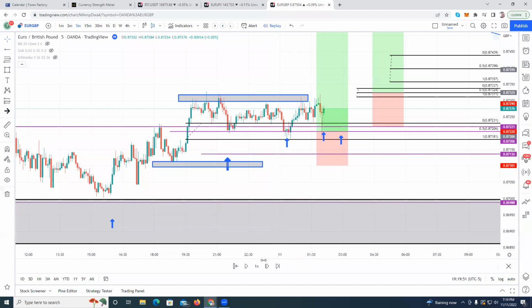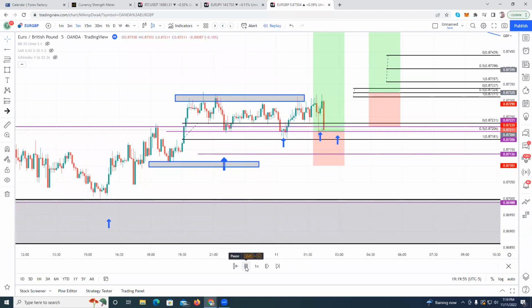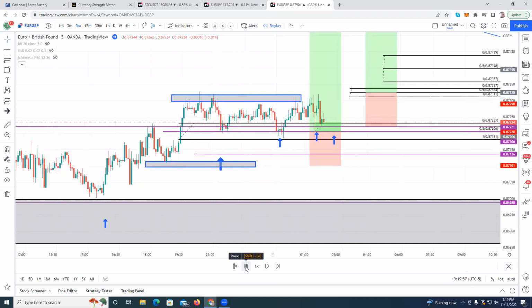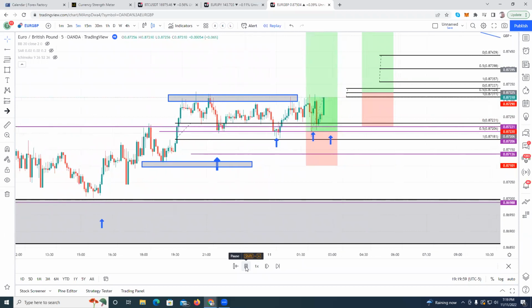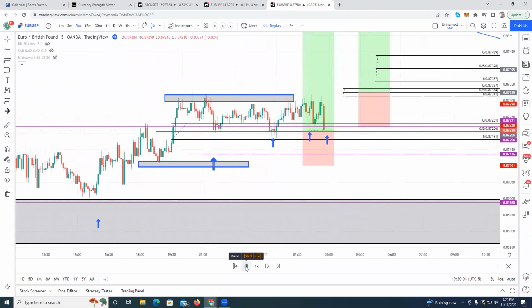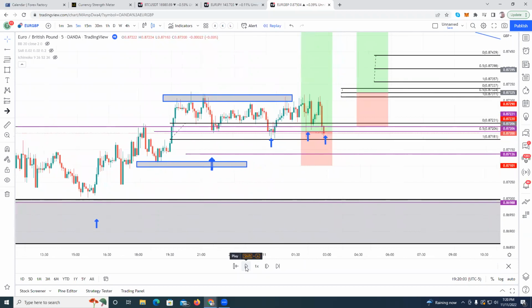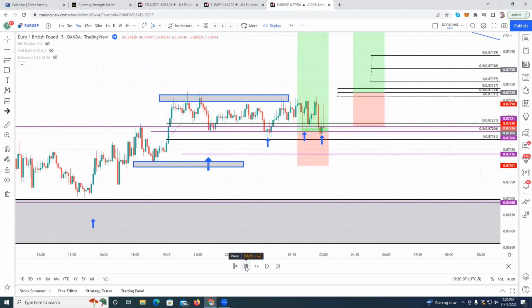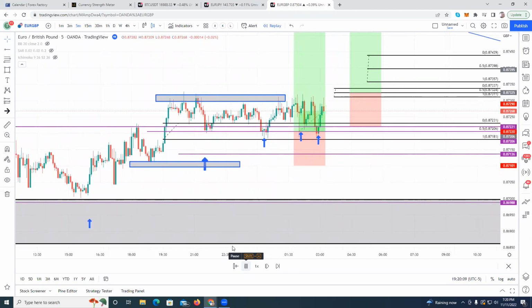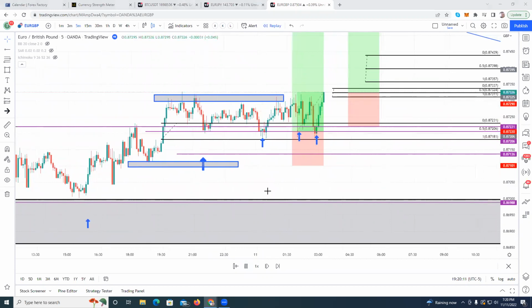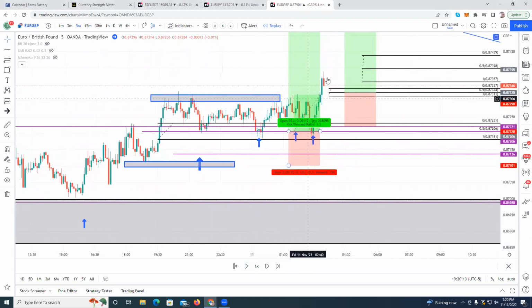So let's continue this and see if we get the new high. Not yet. Still not, but it's still respecting this area. So we're still in the consolidating market. Uh-oh. What just happened?